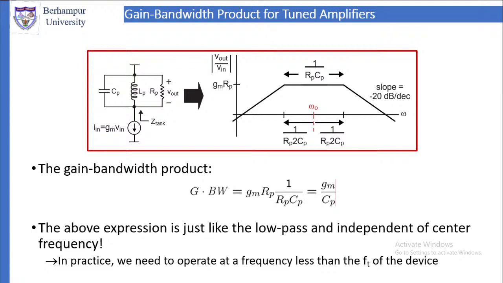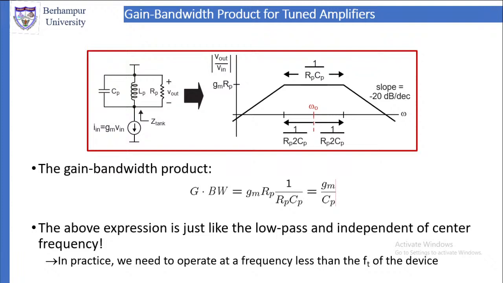The resistance is Rp, inductance Lp, and capacitance Cp. This parallel RLC circuit is connected to a current source I in, which is equal to Gm into V in. Gm is the transconductance, V in is the input voltage. So you can also say that this current source is connected to a tank circuit, and the impedance of the tank circuit is Z tank.